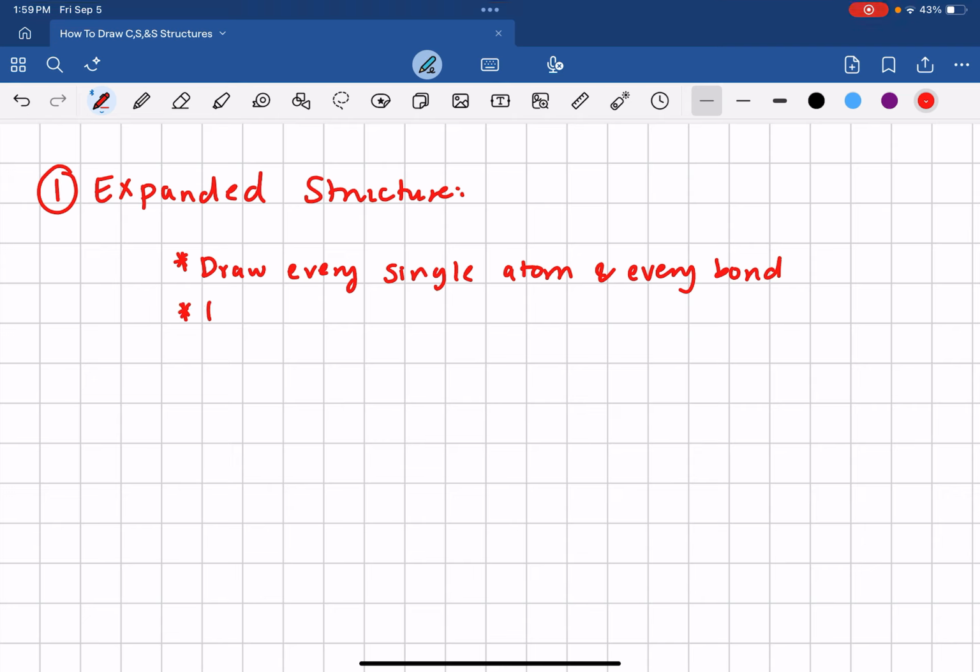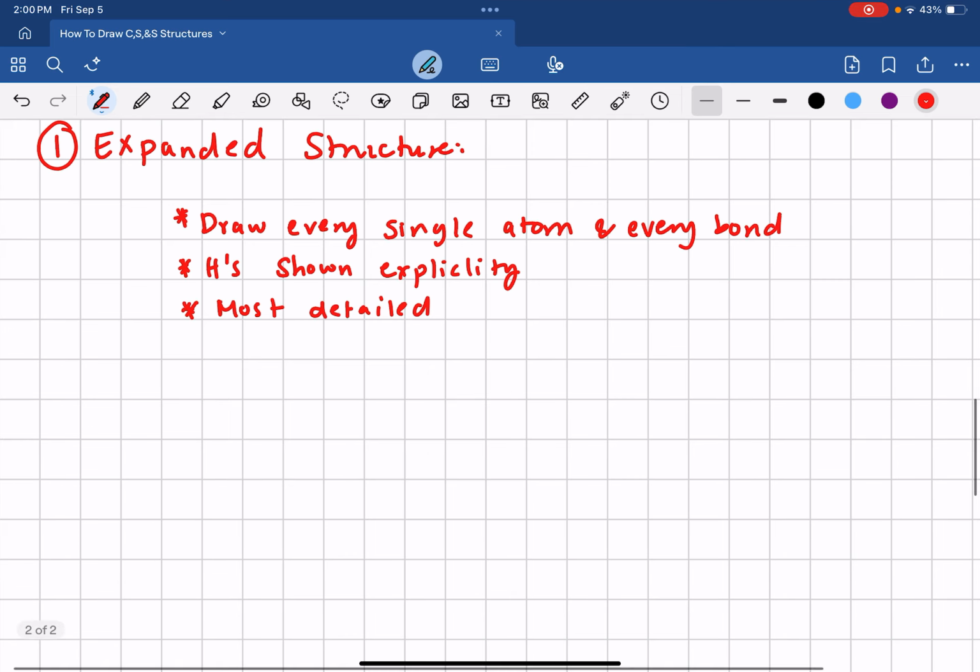Here, hydrogens will also be shown explicitly and who they're bonded to. It is the most detailed way to show a molecule, and also the most time consuming. So let's take an example.